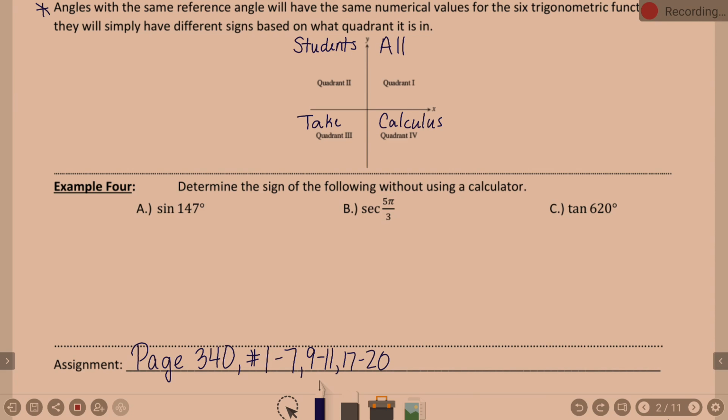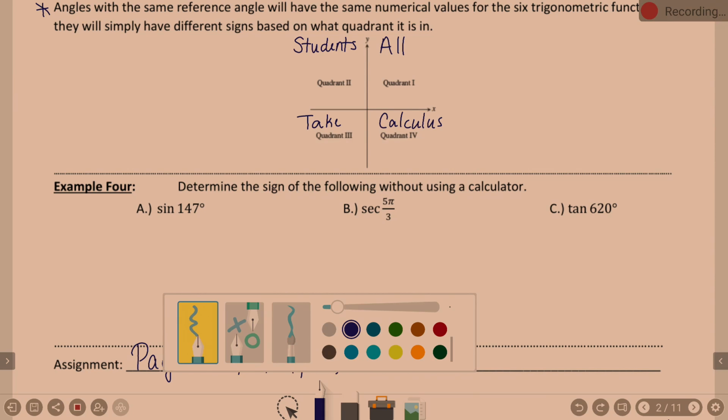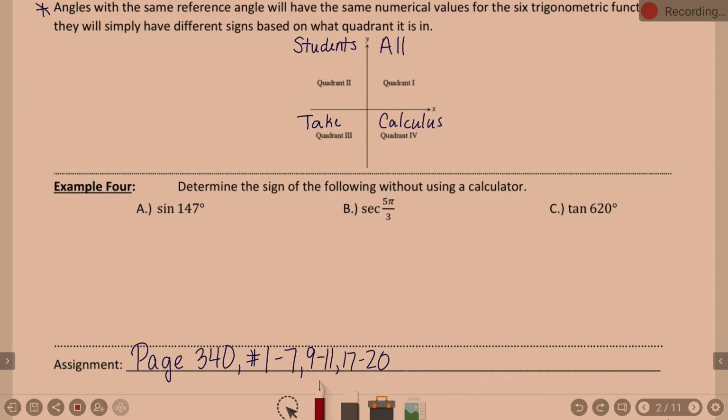Okay? And all. When we talk about all students being, or the all quadrant, that is that everything is positive in quadrant 1. It's the quadrant 1 where you go right and up. That means x is positive, y is positive, everything's positive, all 6 trig functions. In quadrant 2, students starts with s.